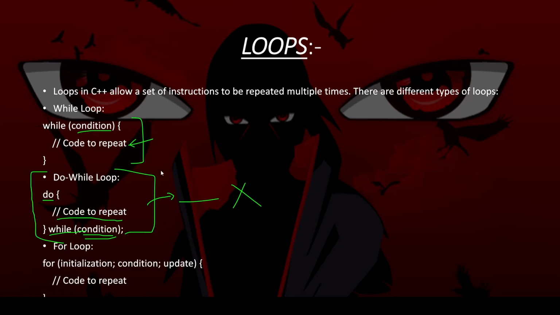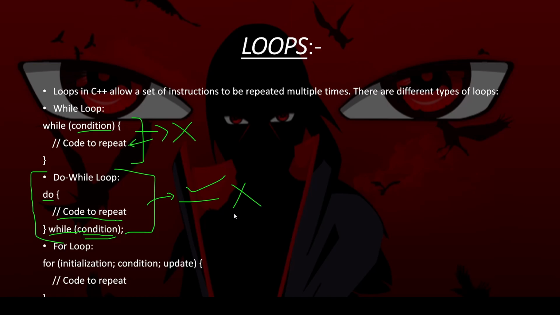But in the case of while, it will first check the condition, and if the condition is false, it will not run the code, so we will not get any output. In do while, we will get an output first, but in the next step, if the condition is wrong, we will not get an output. So this is the basic difference of while and do while.